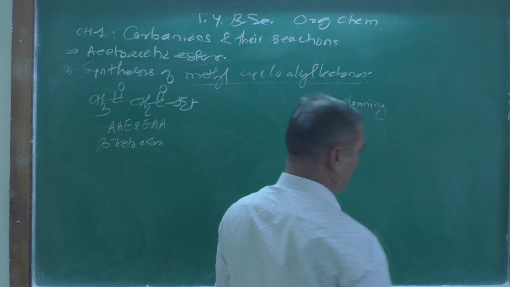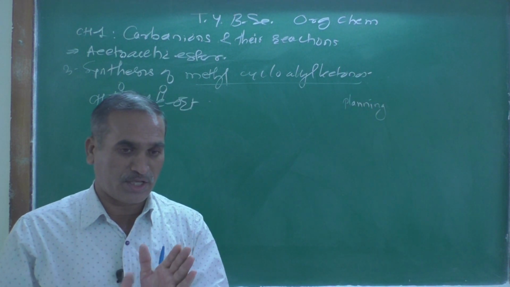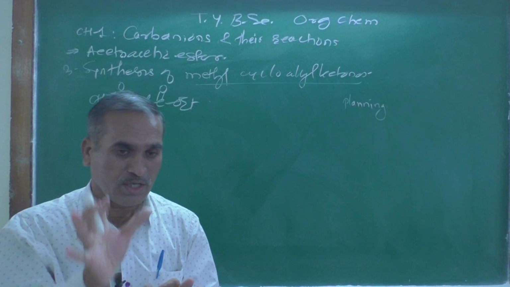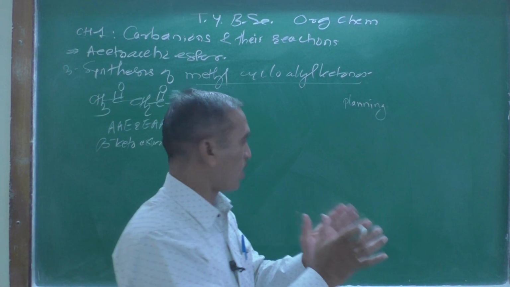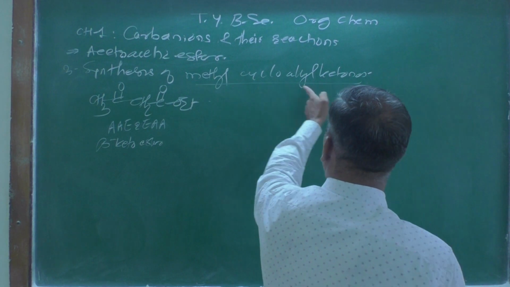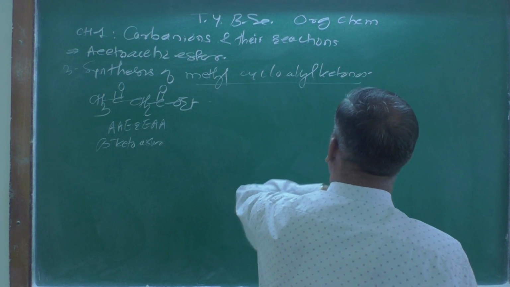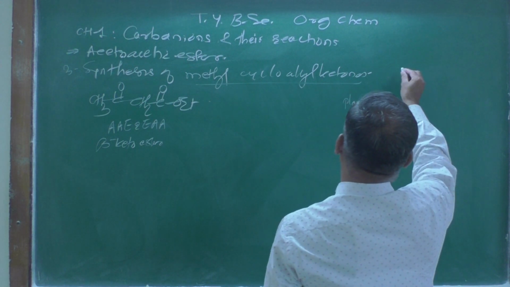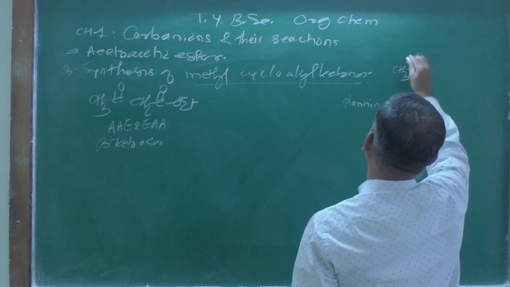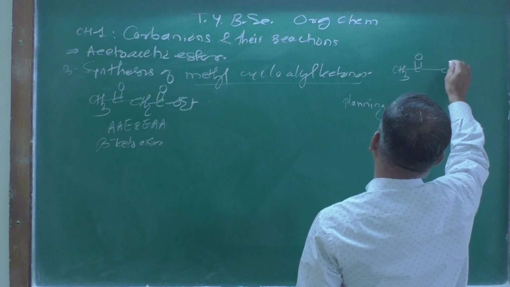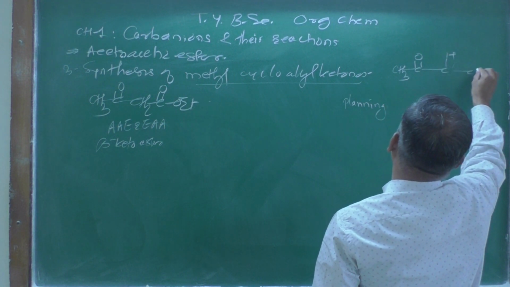If you do proper planning, then you can achieve your desired product. Now what is the desired product here? Methyl cyclobutyl ketone, with the structure CH3-C=O attached to a cyclobutane.